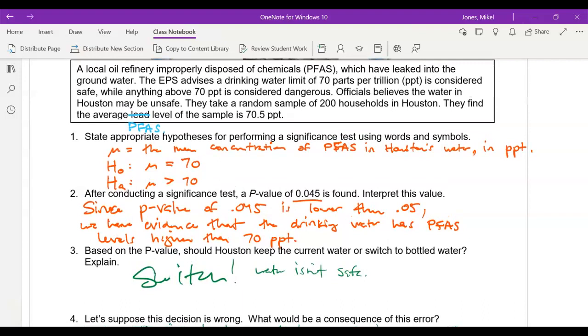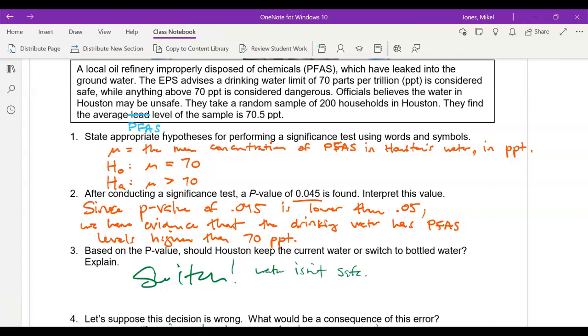Just for a moment here, let's consider the possible outcomes. Let's suppose that the decision to switch to bottled water is wrong. What would be a consequence of that? If the bottled water is unnecessary and the levels of PFAS in the Houston water supply are actually safe, what would be a consequence?